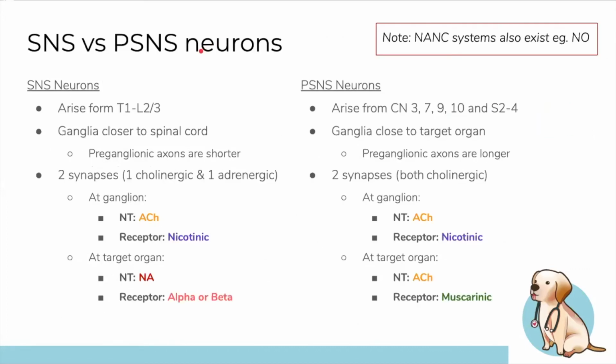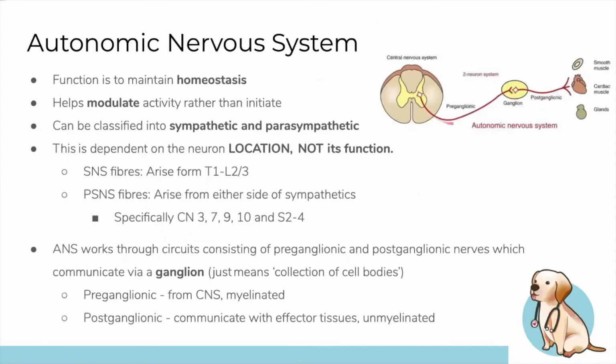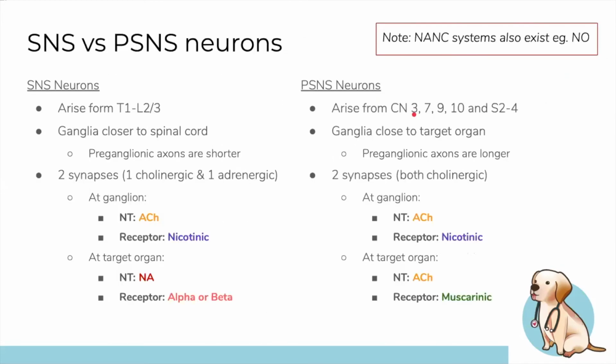So types of neurons connecting them to the receptors and the neurotransmitters. SNS, once again from T1 to L2, L3. We've got two types of nerves. First, talking about the ganglion, we're talking about this particular nerve over here. For sympathetic nerves, you're going to be releasing acetylcholine, and that's going to act on a nicotinic receptor.